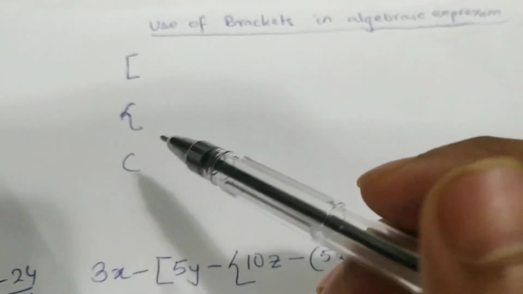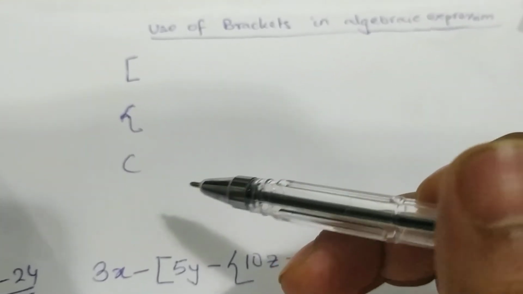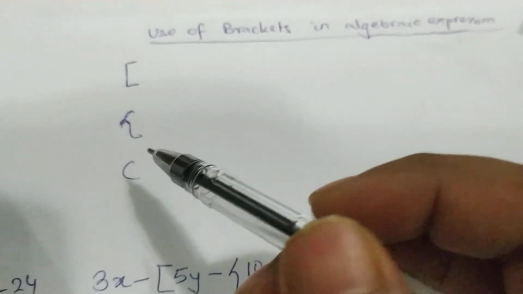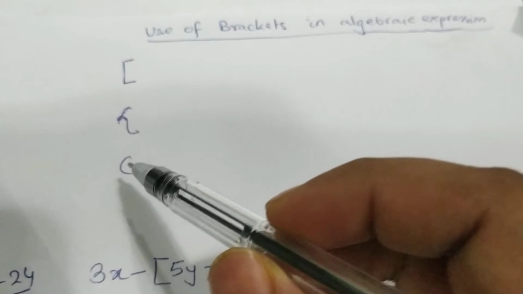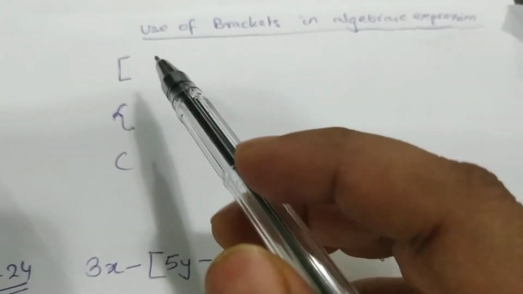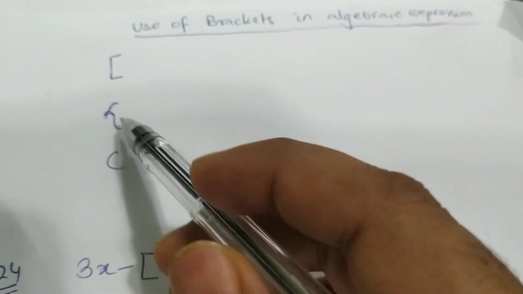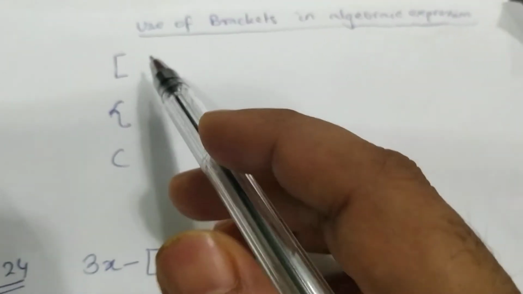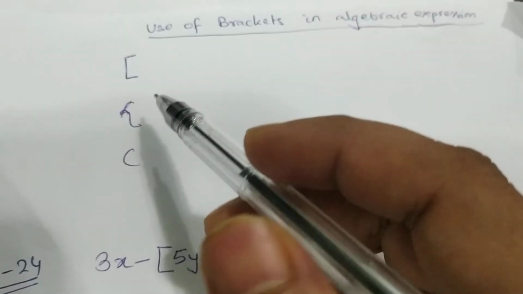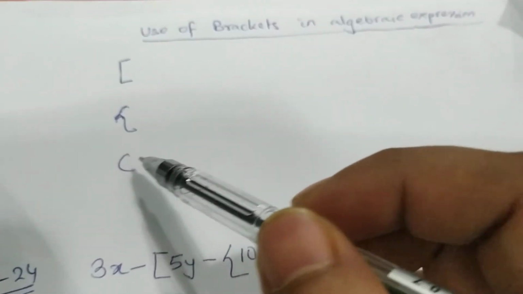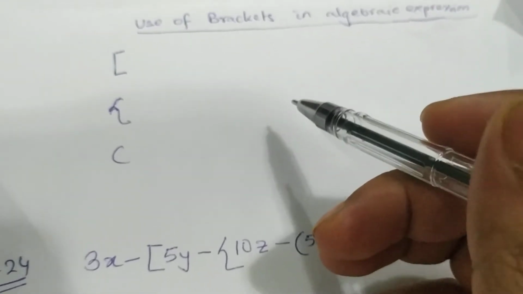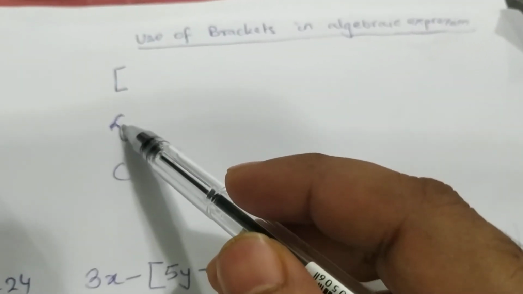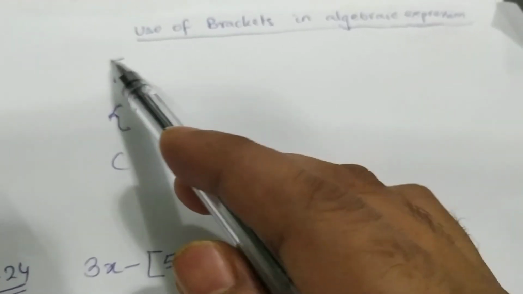Priority of brackets means which bracket to use first when we are using three brackets. So this is the first bracket, second bracket, third bracket, and when we say first, second and third, we mean the priority as well. Whatever comes in between the first bracket should be given the most priority, then the second bracket, then the third bracket.